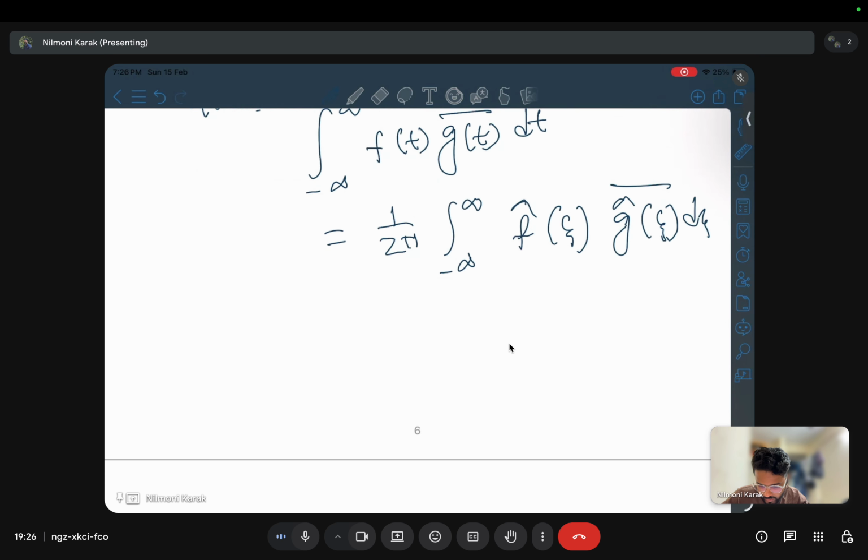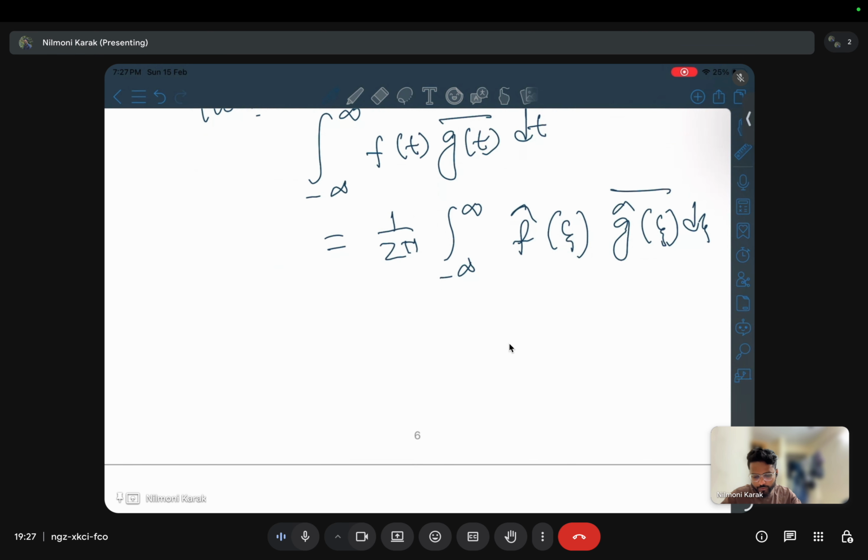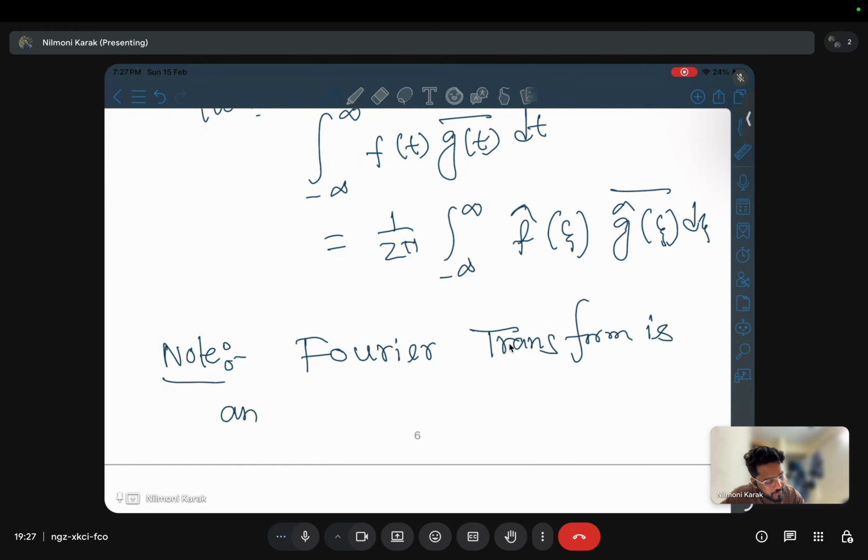Next note: the Fourier transform is an operator on L2(R). Basically, the Fourier transform is a linear transformation from L2 to L2.